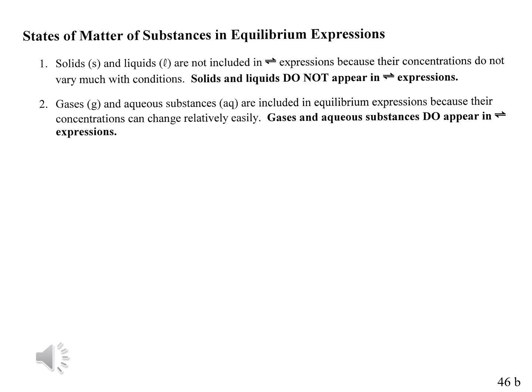The thing is, solids and liquids have basically a constant concentration. They change very little, either from heating or compressing or any other change. And so chemists do not put solids and liquids into the equilibrium expression.